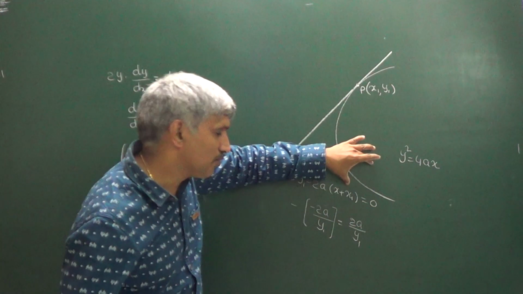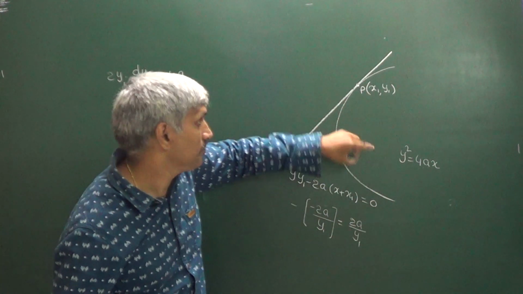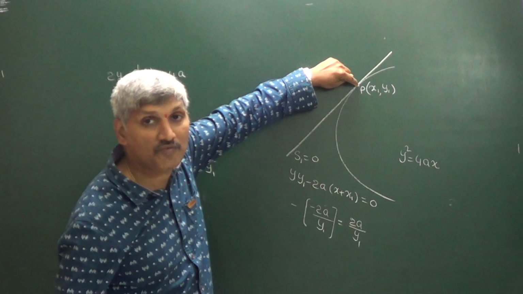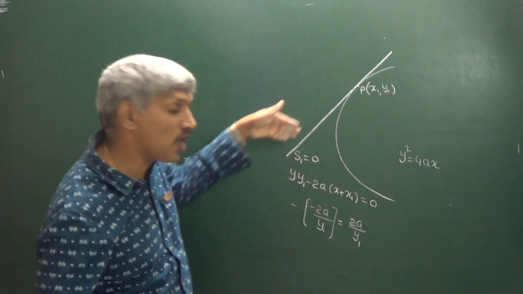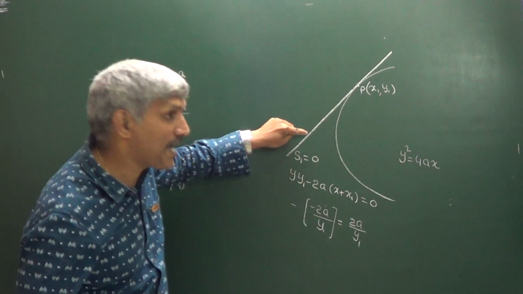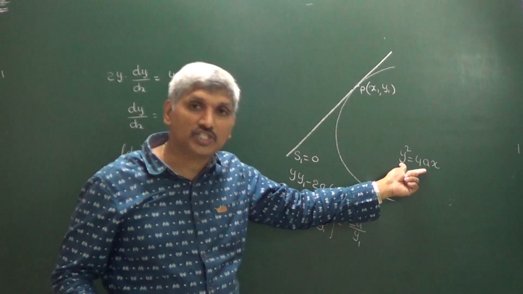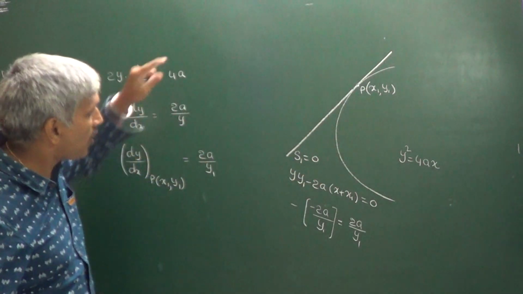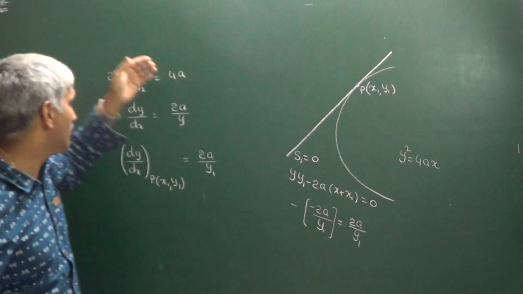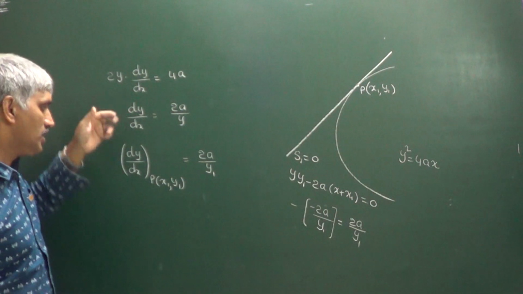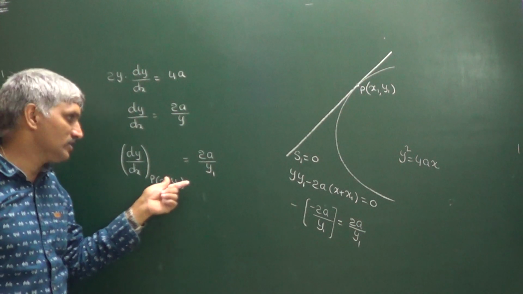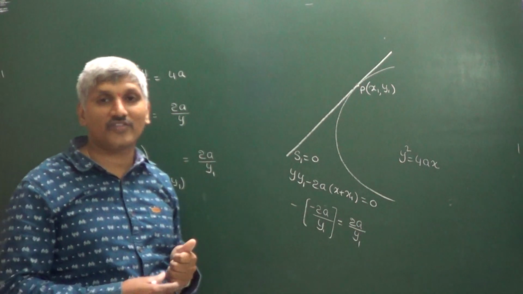So this is the curve given. On this curve at a point P(x1, y1), a line is drawn. To get this line's slope, what can we do? Differentiate this curve at the point x1, y1. Differentiating the curve at the point x1, y1, we get the slope of the tangent.